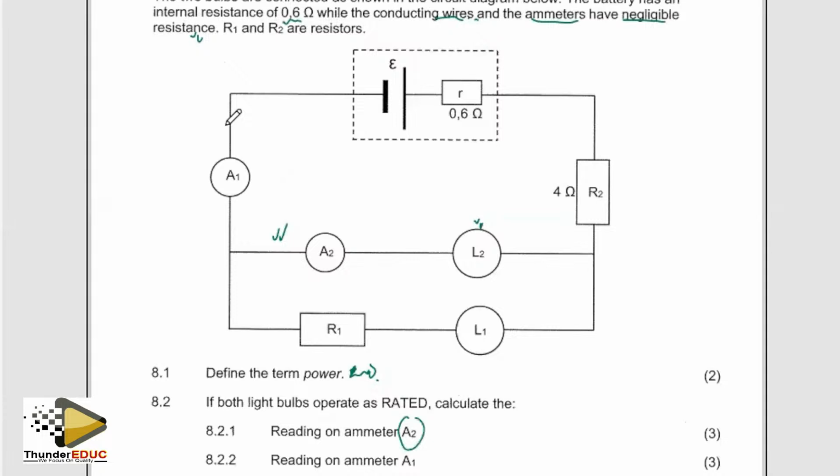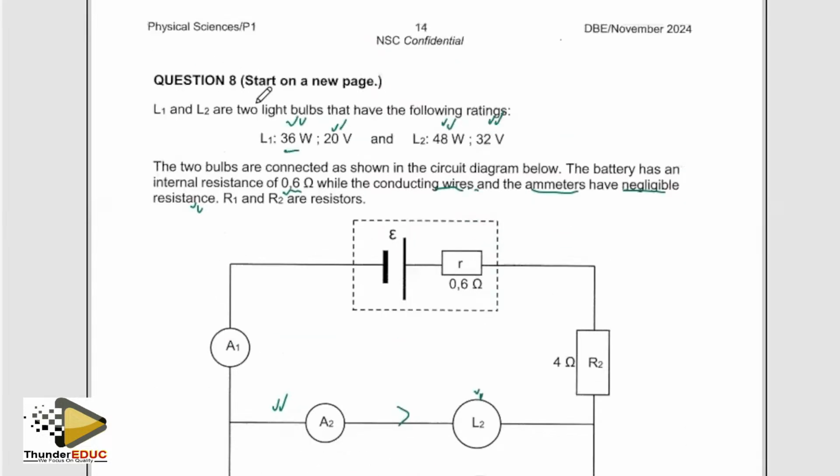So I'm going to consider those bulbs to be resistors as well. So for me to get the current passing through there, we have L2, what is the rating of L2? It's 48 watts and 32 volts. So 48 is the power, okay?